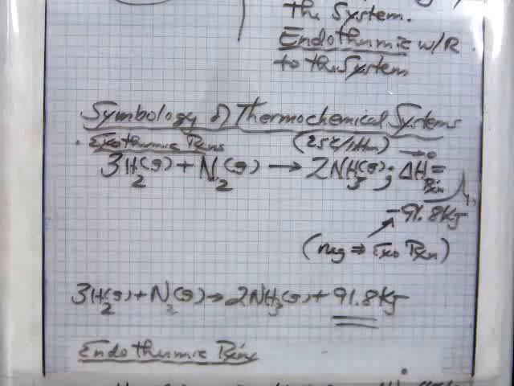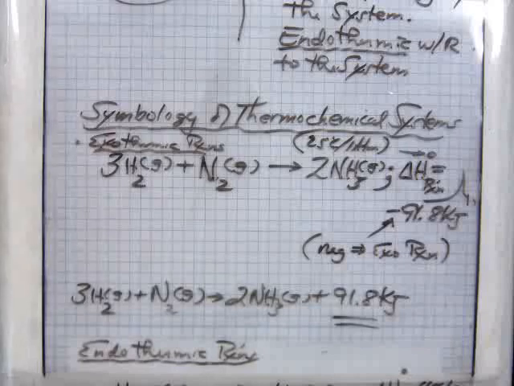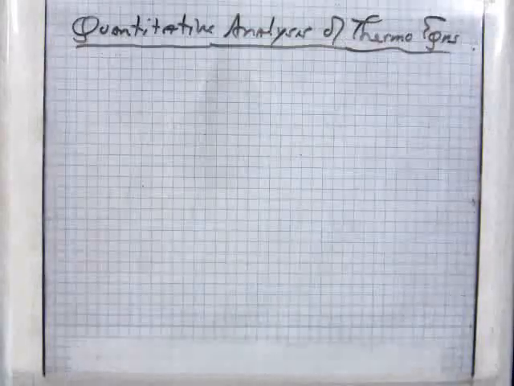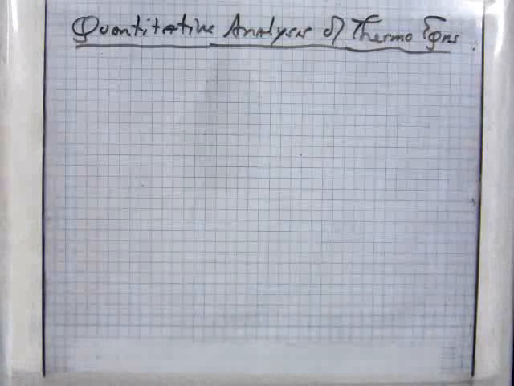When you see an equation with the energy number posted within the body of the equation, and that energy number is on the product side, it's an exothermic reaction. There may be other questions in the problems that you deal with that will depend on recognizing exothermic and endothermic from whatever symbology is used. So we need to work problems.